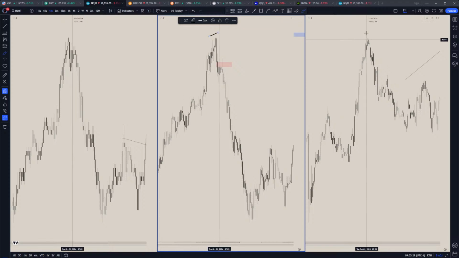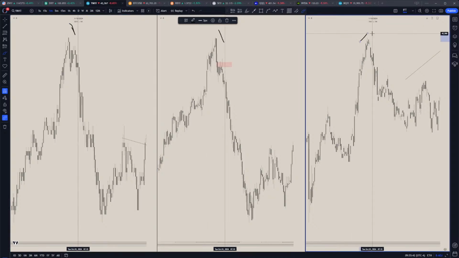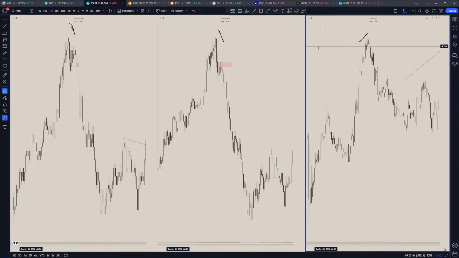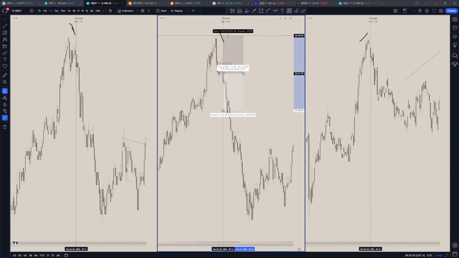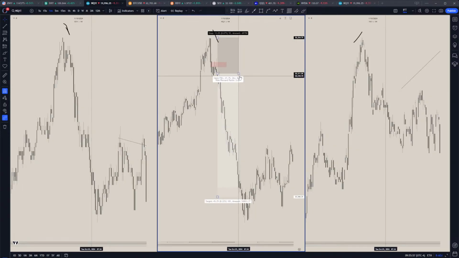Very small SMT. You can barely see it, but it's still there. Once we had the SMT, we traded into this RDRB. I was like, okay, this is probably where we're going down from. So this is where I entered from pretty much. Stop loss above this high, the protected high from the SMT, looking for lower prices. Make sense?